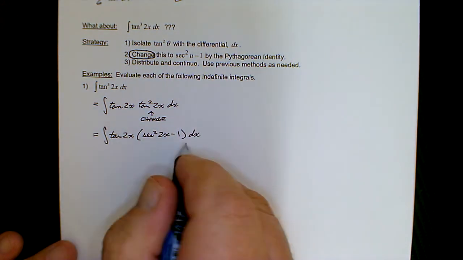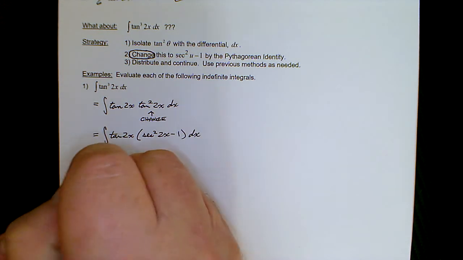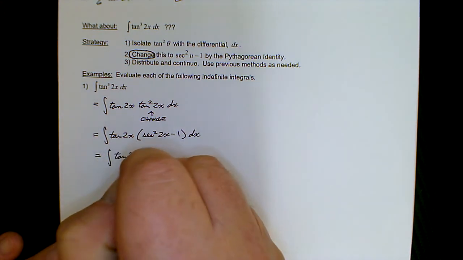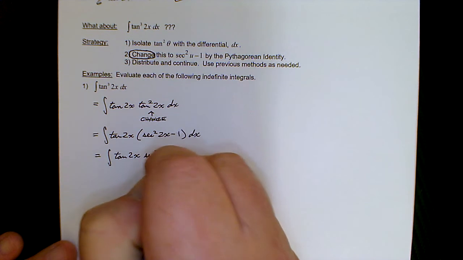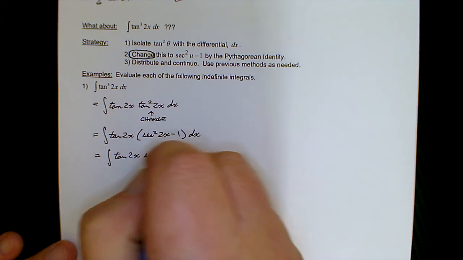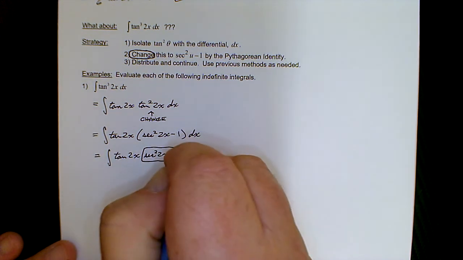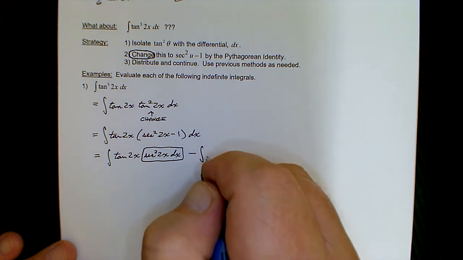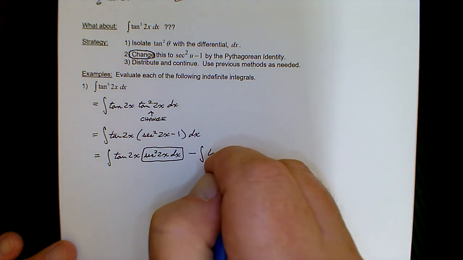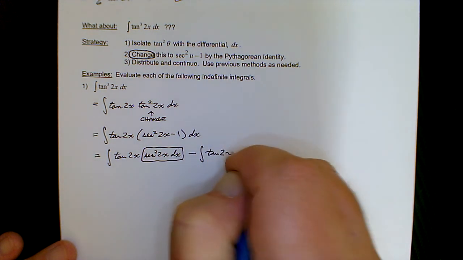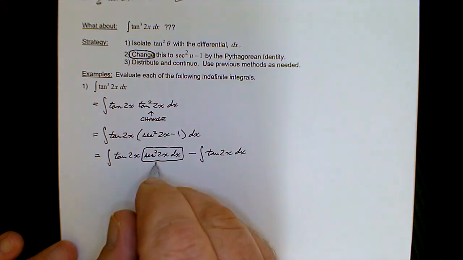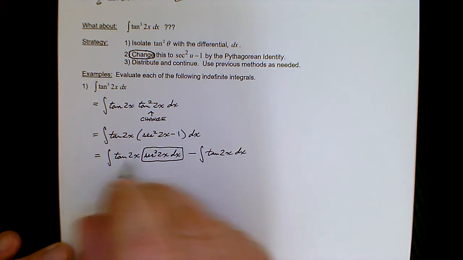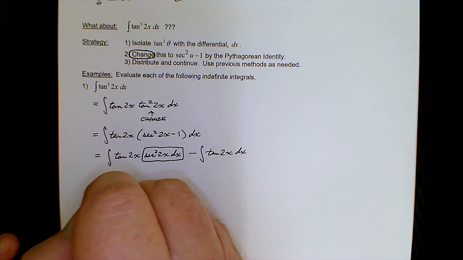Okay, and then we'll distribute, separate it into two integrals. The integral of tangent 2x times secant squared of 2x with respect to x. And I'm going to go so far as to box out the secant squared of 2x dx at that point. And distributing, minus the integral of tangent of 2x. The reason why I boxed off the secant squared is because it is the derivative of tangent. So that can represent the du.